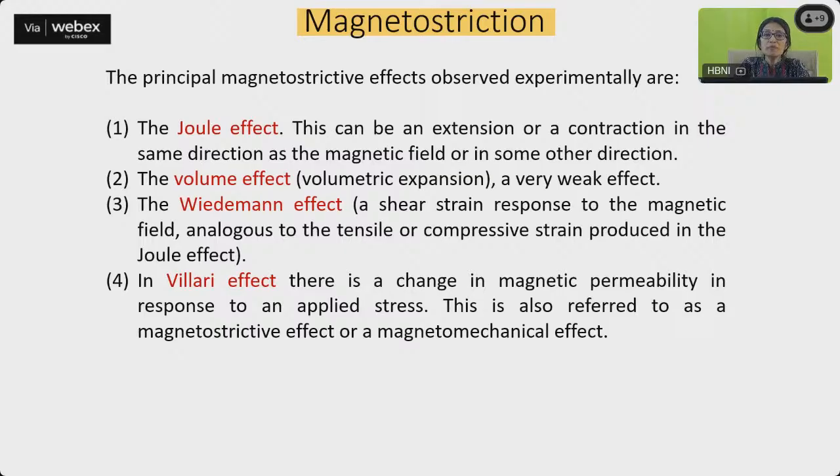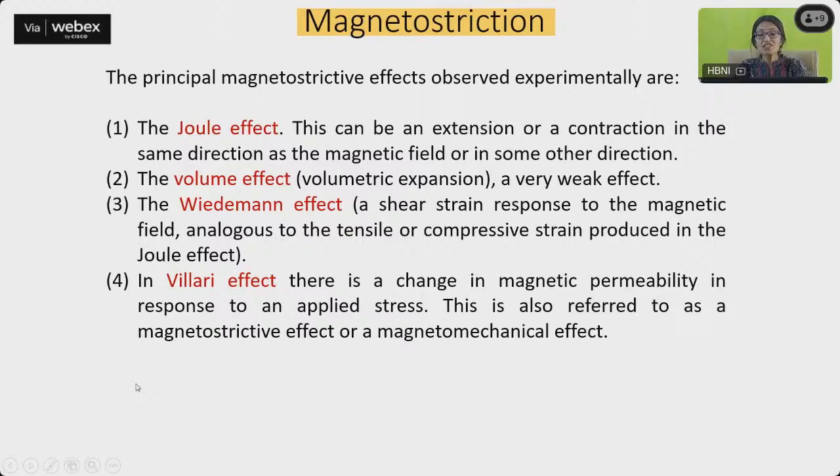The principal magnetostrictive effects which are observed experimentally are, first, the Joule effect. This can be an extension or a contraction in the same direction as the magnetic field or in some other direction. Then you have a volume effect, volumetric expansion, which is again a very weak effect. Then you have the Wiedemann effect, which is a shear strain response to the magnetic field, analogous to the tensile or compressive strain produced in the Joule effect.